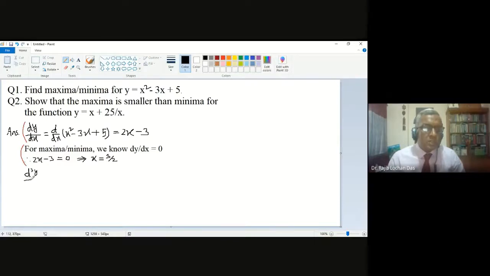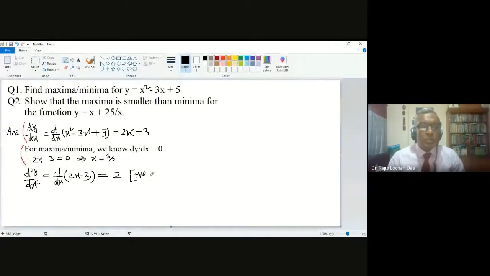So second derivative is actually d dx of the previous derivative. So d dx of, in this case, 2x minus 3. So it will be only 2. So when you have only 2 in the second derivative, there is no x. So it is a positive answer, and of course there will be only one thing.